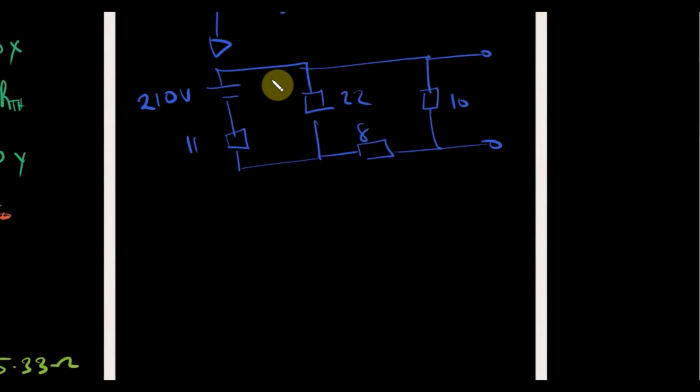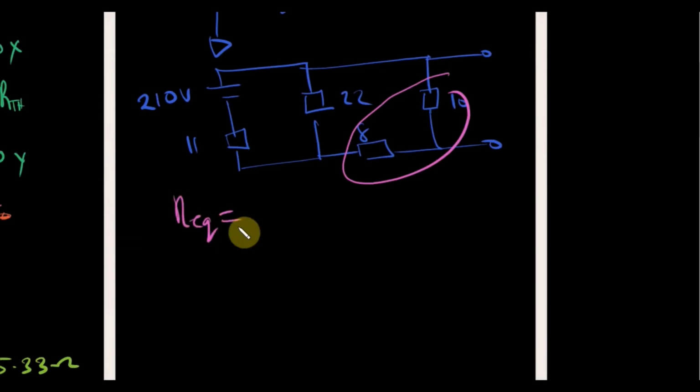Okay, from the circuit diagram, what can we do here? Yes, looking at these two, they're in series, these two resistors. So we can also get an equivalent resistor of those. Our equivalent of 8 plus 10, that's 18 ohms.